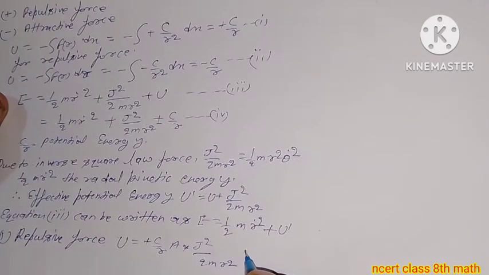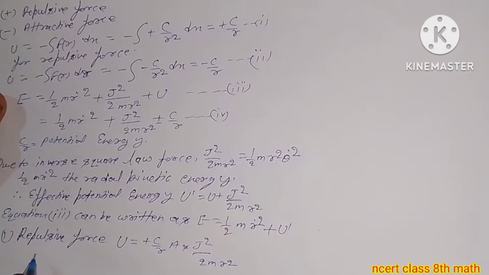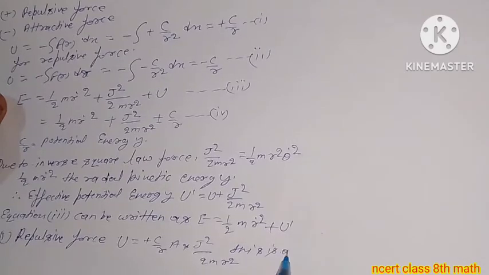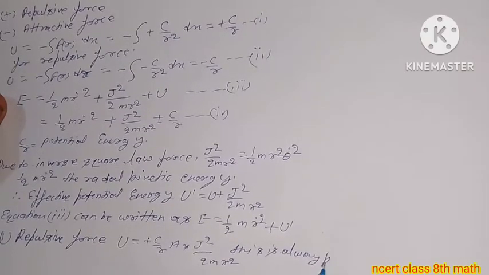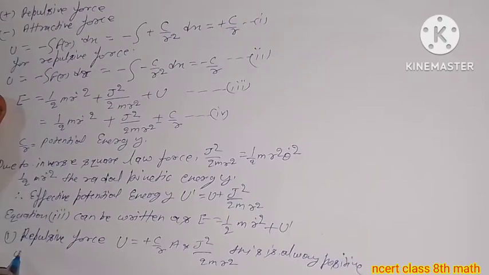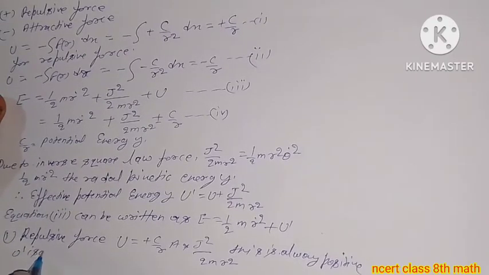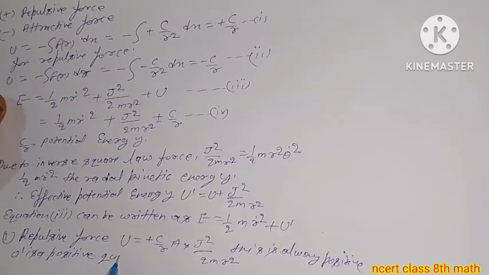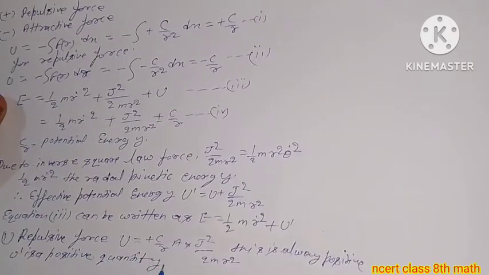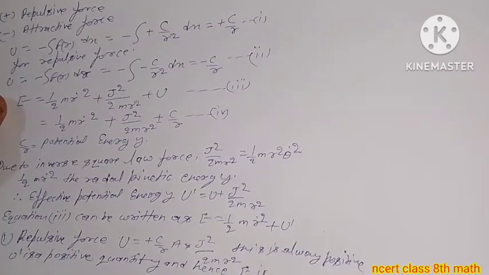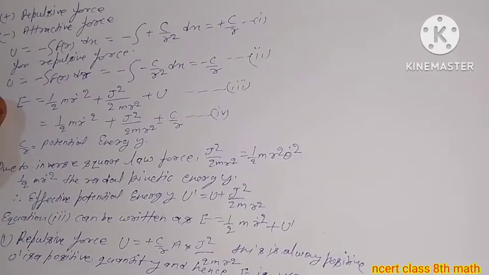So U dash is always a positive quantity, and hence E is positive.